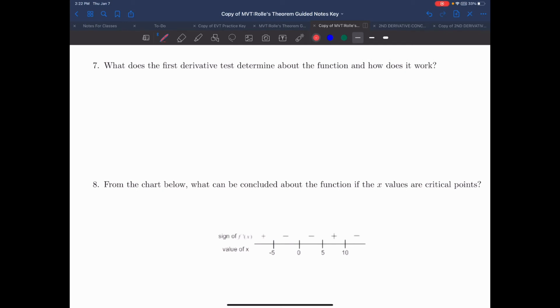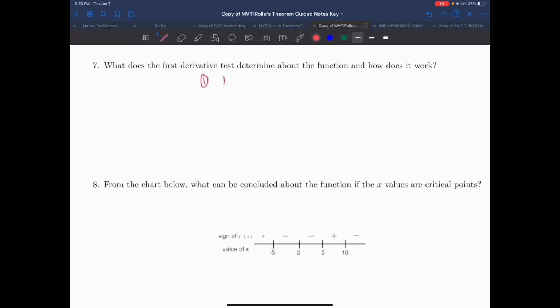All right, so the last big idea in this section is the first derivative test. So the question is, what does the first derivative test determine about the function and how does it work? Well, the first derivative test determines relative mins and maximums. So I'll write this in 3 different sentences.